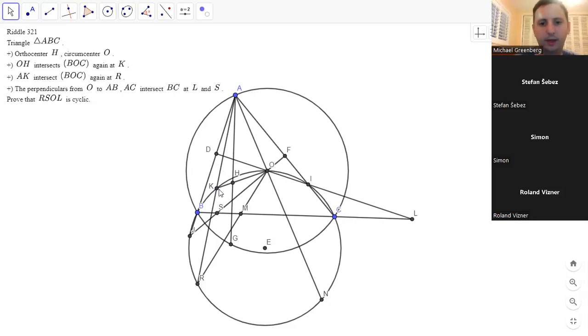So I think angle DIB is C, yeah, angle DIB equals angle CIL, because DIB is AIB, which is CIL. So IB and IC are basically isogonal with respect to IB and IL.